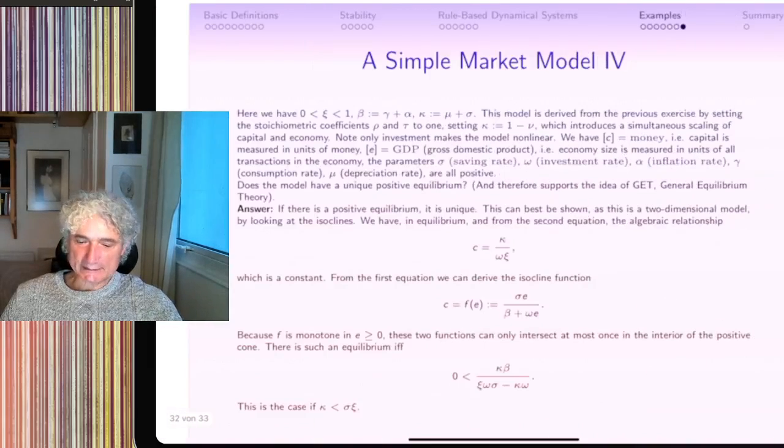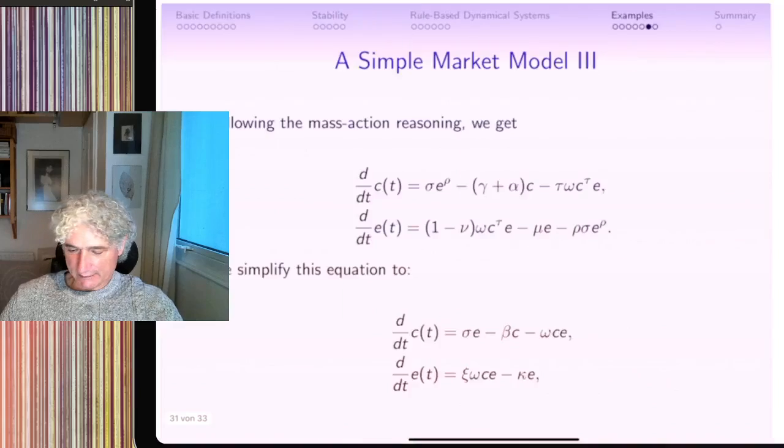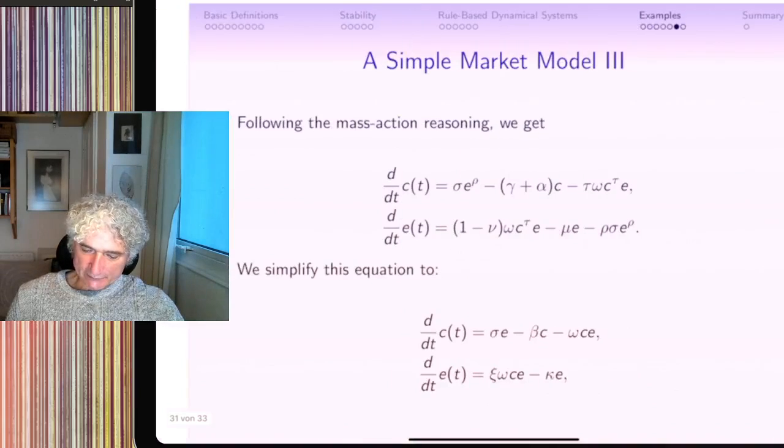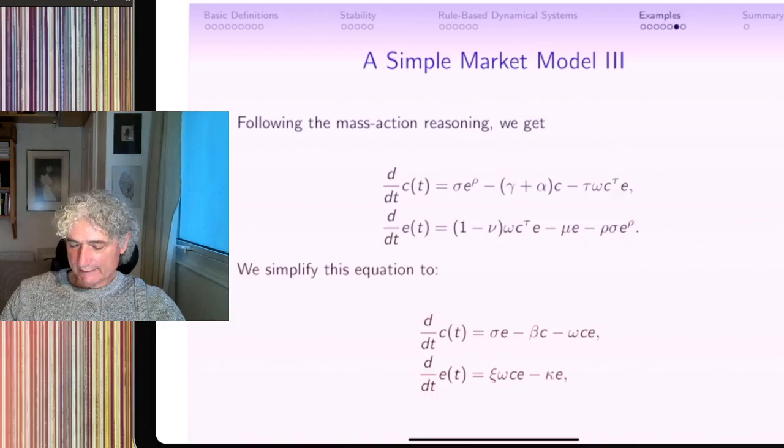So we assume here that psi is between 0 and 1. We have a new parameter beta, which is given by gamma plus alpha, and a new parameter kappa, which is given by mu plus sigma. So look again at this equation: all these parameters are well defined, and also the state space is well defined.